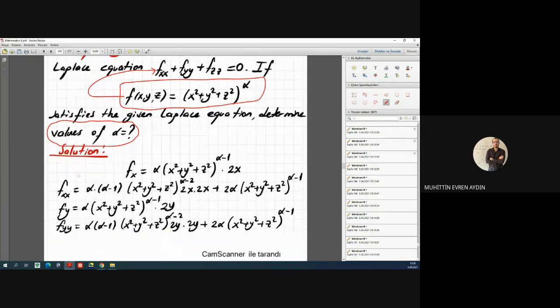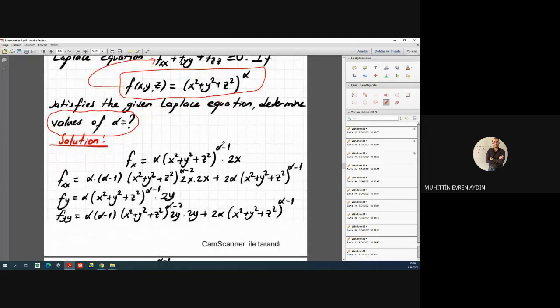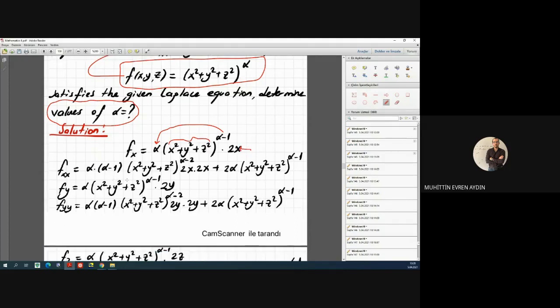So we have second-order derivatives. F of x. Okay, you may shift alpha as a coefficient, and inside the derivative of the inside with respect to x, which is 2 times x, and the second order, again, you may shift alpha minus 1 as a coefficient, and inside the derivative, and we use the Leibniz rule, so we don't touch the first part, plus we take the derivative of the second part.